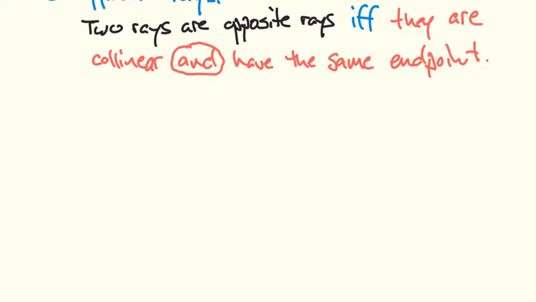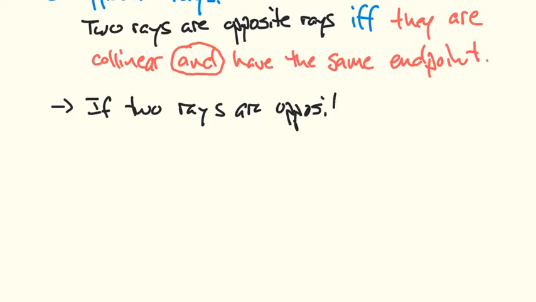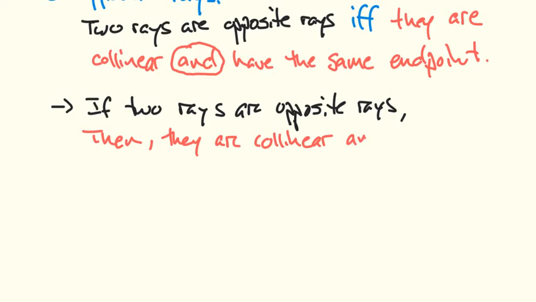We have: if two rays are opposite rays, then they are collinear and share an endpoint, or have the same endpoint.